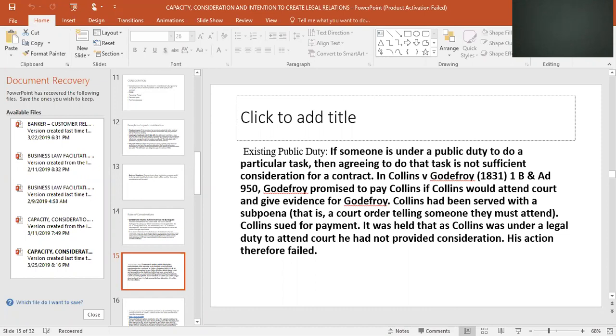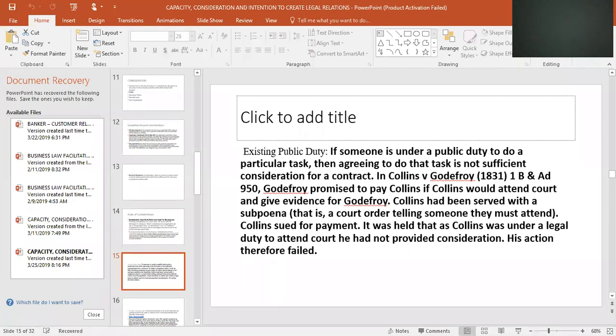It's not easy. Okay. Now, when we talk about existing public duty as a rule, we are referring to the fact that when there is an agreement between two parties, we have already seen that the consideration must move from the promisee to the promisor.